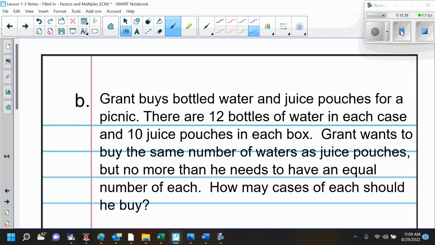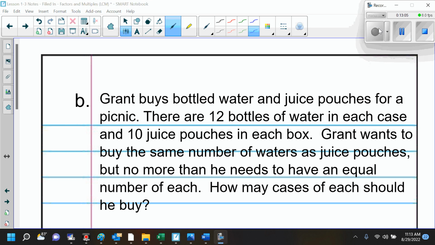Grant wants to buy the same number of waters as juice pouches, but no more than what he needs to have an equal number of each. We want to know how many cases of each should he buy. Now remember, you don't have to write the entire problem. You just write down the important information. And now, go ahead and talk it through with your partners.